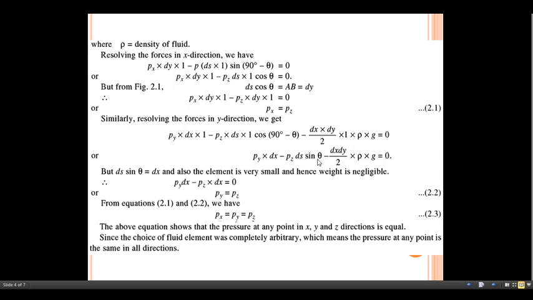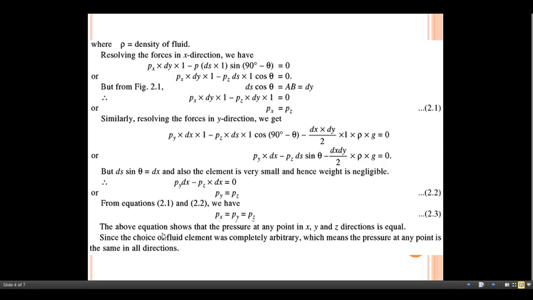Instead of ds into sine theta we simply write dx, equal to 0. In this way we get Py equals Pz. So from equation 2.1 and equation 2.2, we have Px equals Pz and Py equals Pz. Meaning Px equals Py equals Pz.